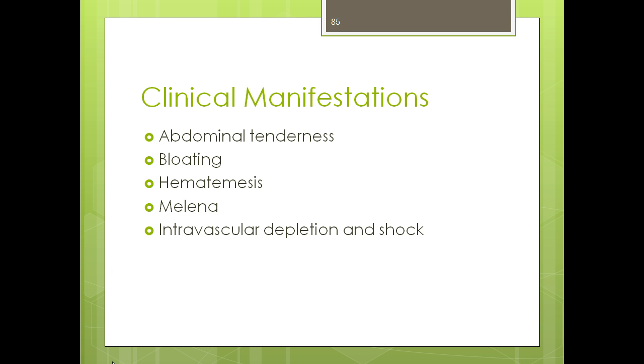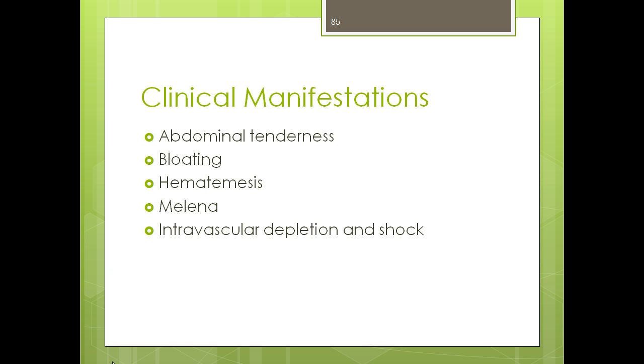Okay, we're going to discuss the clinical manifestations of gastritis. Usually, people have abdominal tenderness, which could be from mild to severe. The patient may report epigastric discomfort, anorexia, cramping, nausea and vomiting, as well as bloating.